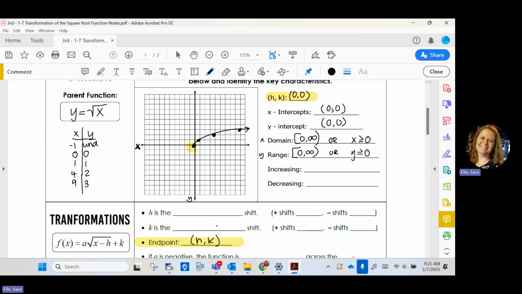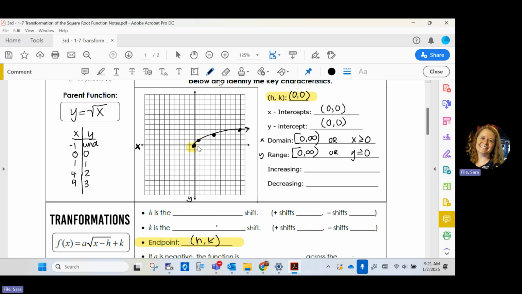Now you're increasing and decreasing intervals. Okay, if you need to make side notes, you can make side notes to refresh your memory. We read a graph just like we read a book, read a sentence from left to right. So when I look at this graph, like trace it from left to right, is it increasing or decreasing?